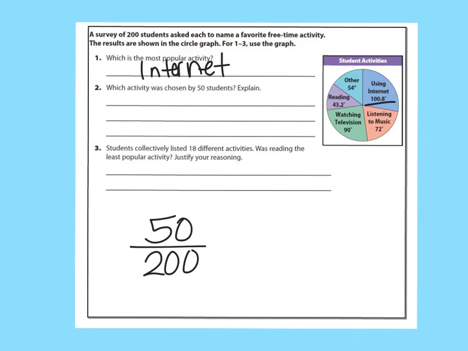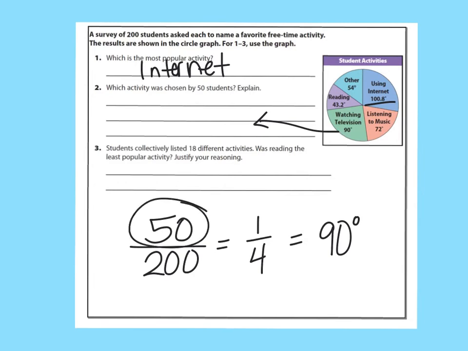Well, I can think through that. 50 out of 200 is the same as the fraction 1/4. I know that 1/4 of a circle is 90 degrees. So I can see that watching television would be the activity that was chosen by 50 students, because that is 1/4 of my circle graph, which 50 is 1/4 of 200.